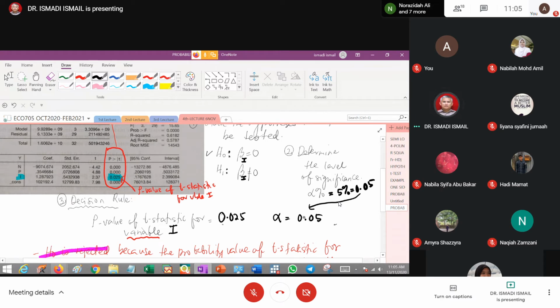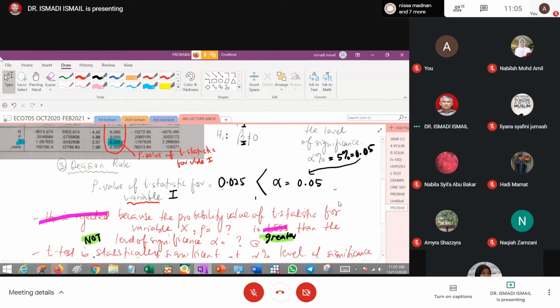Which one is greater, which one is lesser? The probability value of the t statistic is less. When it is less, H0 is rejected.